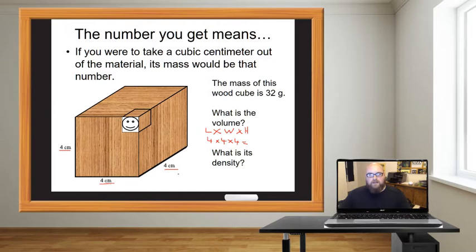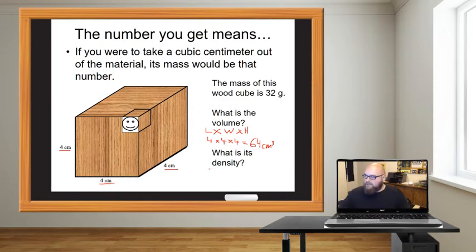So we just multiply these three together, and we should get a total of 64. Well, what are our units here? Well, we've multiplied 3 different measurements of centimeters, so we write that as centimeters cubed, with an exponent 3 at the end. That is how we write the volume of a regular shaped object, with the unit that we measured with cubed.